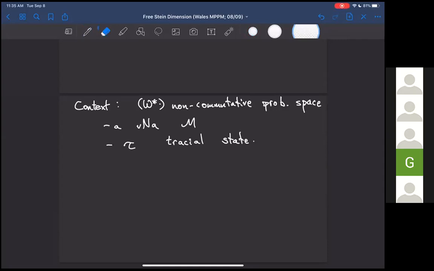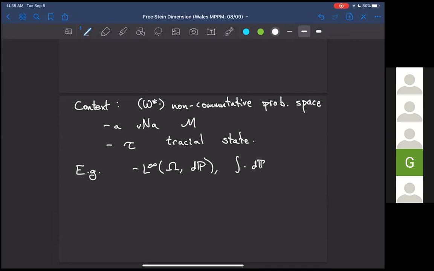But why is this thought of as a non-commutative probability space? I'm sure many of you have seen free probability talks before, so this is not a mystery. But the idea is that this is a generalization of commutative von Neumann algebras like L infinity of some probability space together with some measure and a functional given by integration against that measure, which is a tracial state, tracial for free because it's commutative.